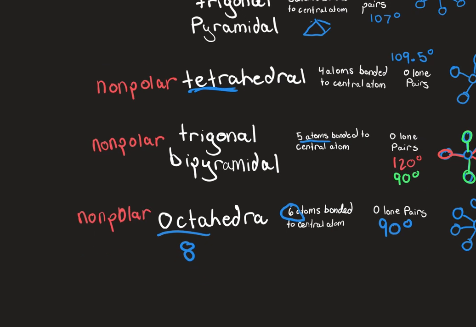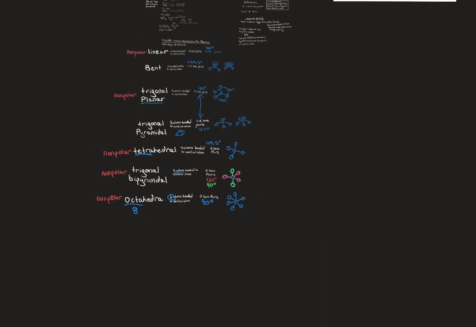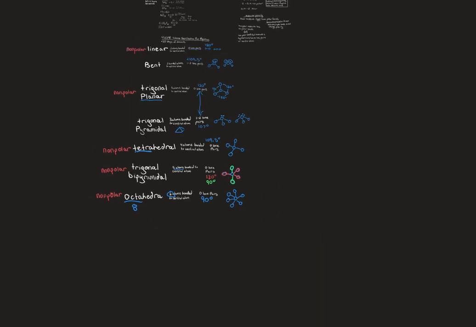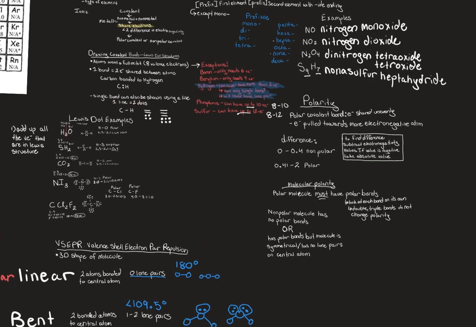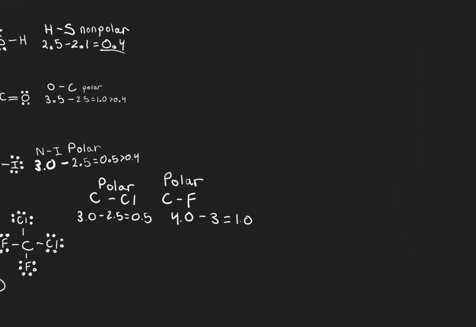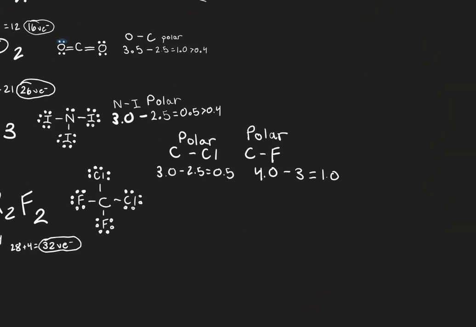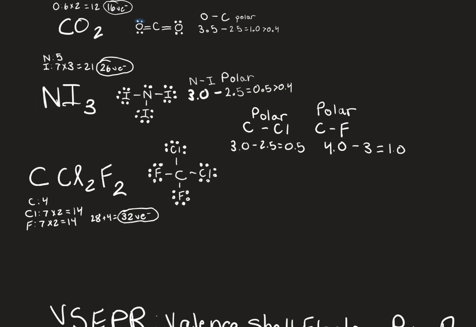So these are only nonpolar if all of the outer atoms are the same, or we have an even amount of outer atoms. So when I say that, let's look at our example over here. We have C2, Cl2, F2.